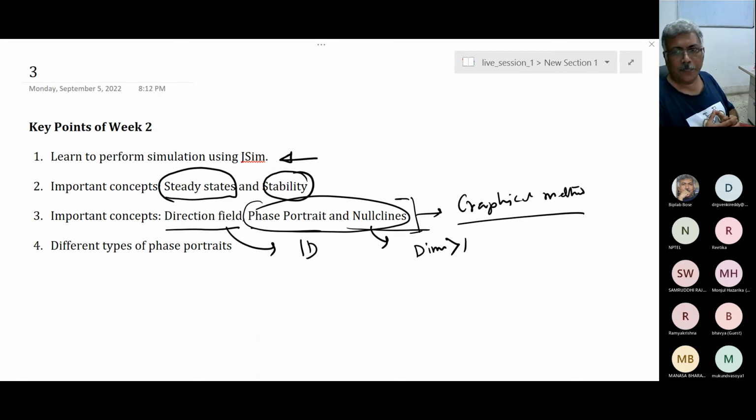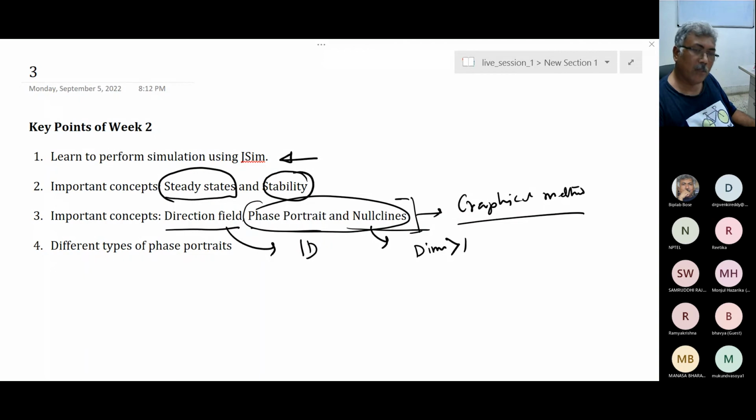That is why even now in a research paper, where they will use numerical method extensively to simulate a ODE-based model, they will still use these phase portrait and nullcline plots because of two reasons. One, using this plot, we can easily communicate a concept to our reader.